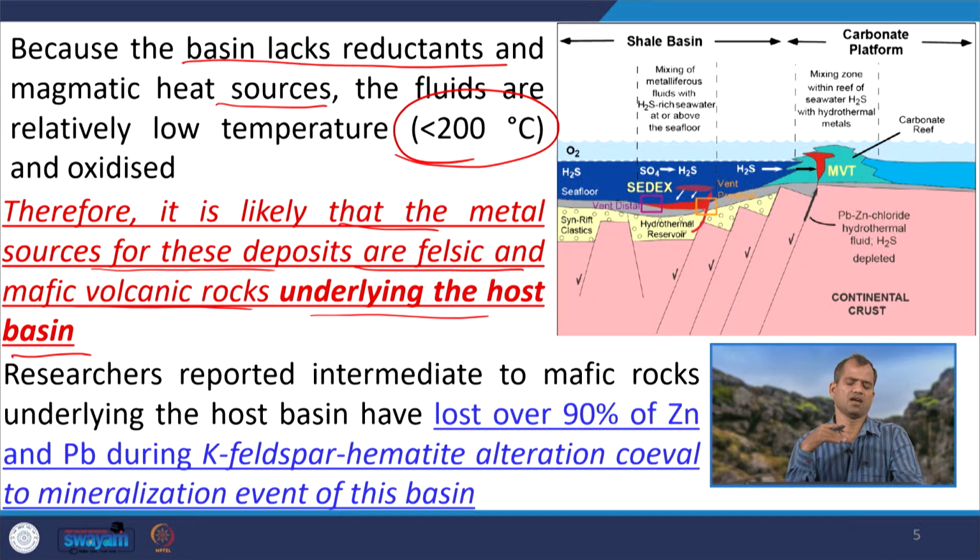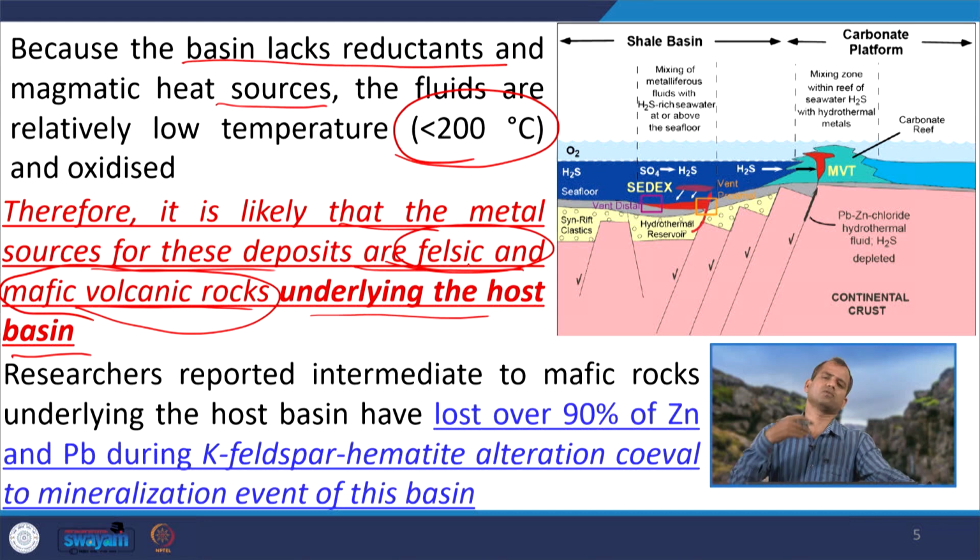The basement rock, and in the basins we have discussed, the mafic volcanic rock and the felsic rock are the source. If we do not introduce a magmatic system, from where are we leaching the minerals for these zinc, Pb and Ag deposits? This is the source: the felsic volcanic rock lying below and the mafic volcanic rock lying below. Through the faults the solutions come out and the sediments are enriched with these minerals.